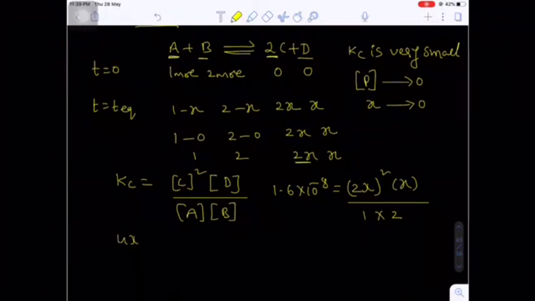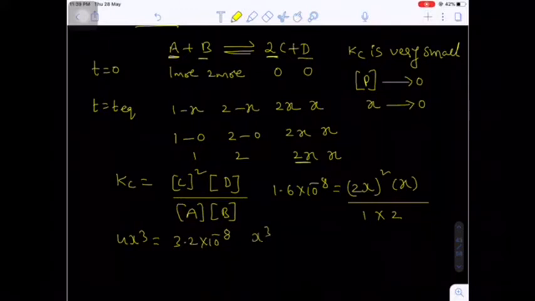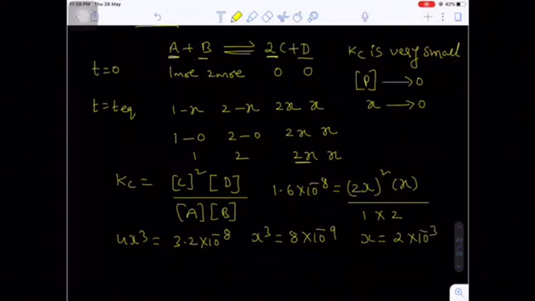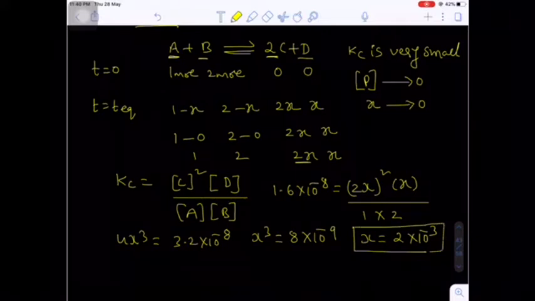Here 4x cube is equal to 3.2 into 10 raised to minus 8. From here x cube is equal to 8 into 10 raised to minus 9. From here x is equal to 2 into 10 raised to minus 3. This is the concentration at equilibrium, the x value.